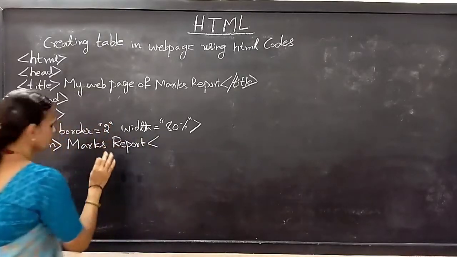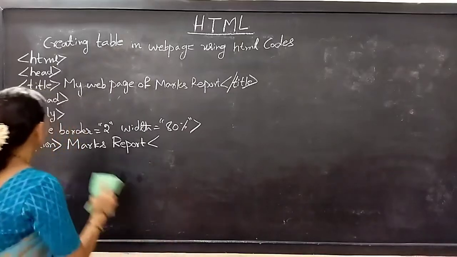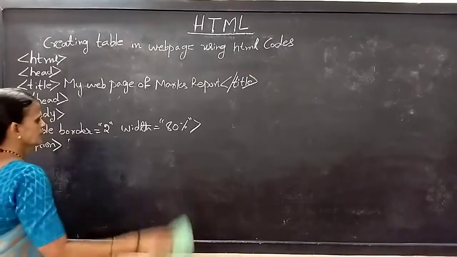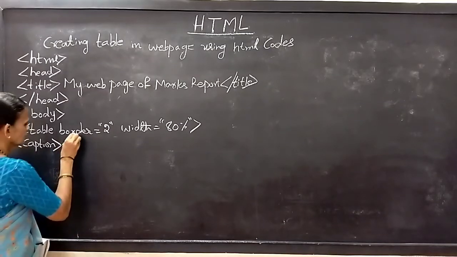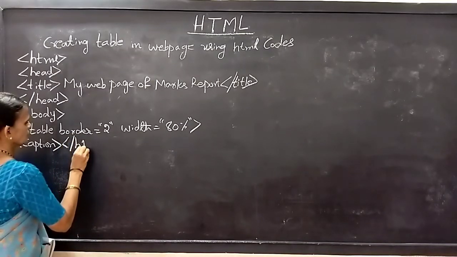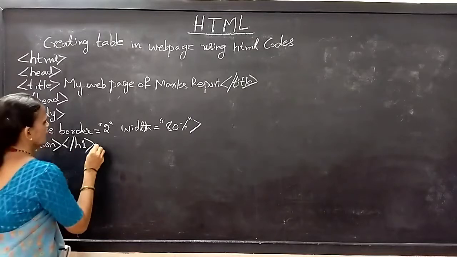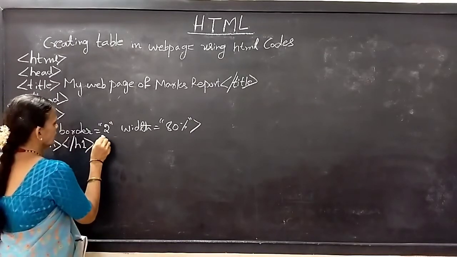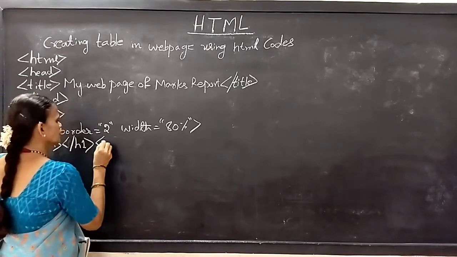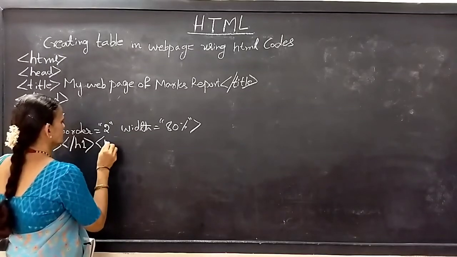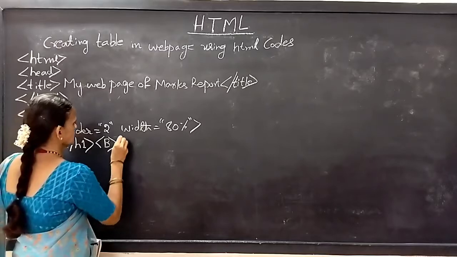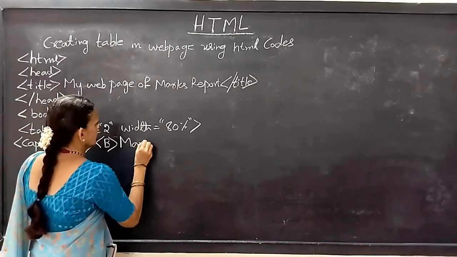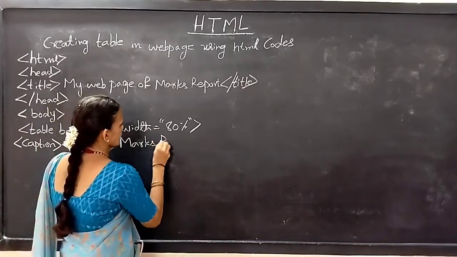If you want Mark's report to be in big size letters, we can give H1. H1 means highest font size. And if you want bold, we can give B. Next, we want to write Mark's report.